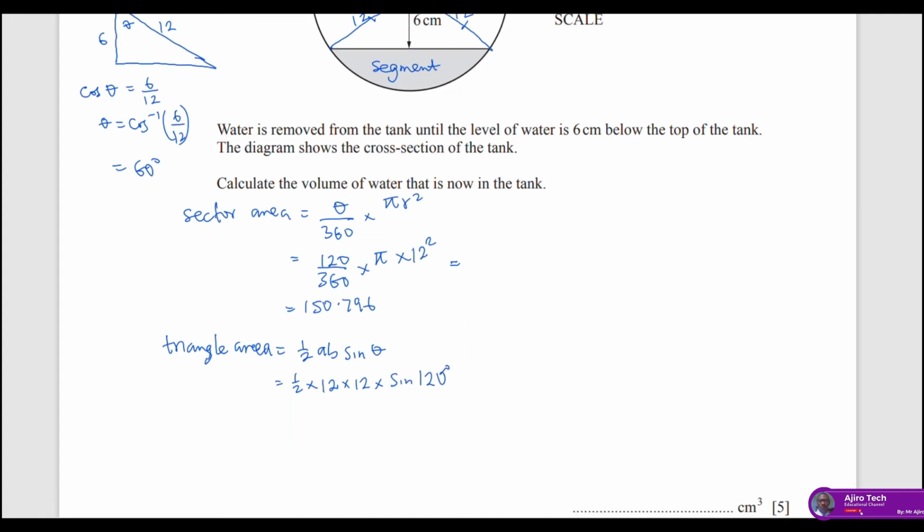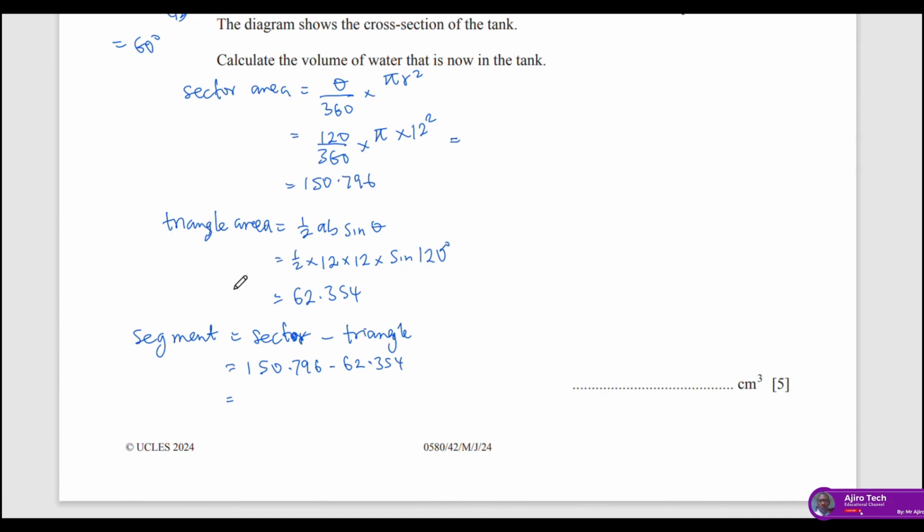If I do this, I get 62.354. So the segment should be sector minus triangle, and that should be 150.796 minus 62.354, which is 88.442.